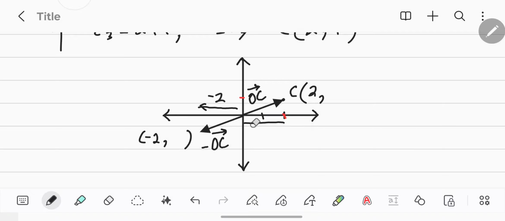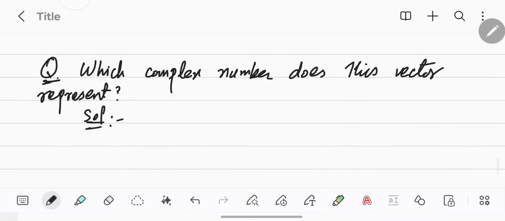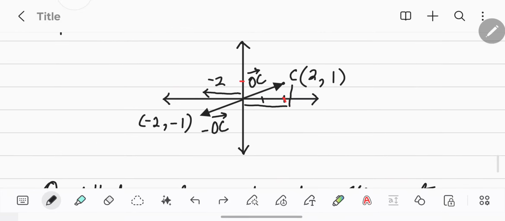Then you should go by 1 point, but once you reach the opposite vector side, you should go down by 1 point. Down 1 point means -1. So this is the number which this vector represents. This is the answer. By looking at the graph, we see that the opposite of OC is -2, -1.